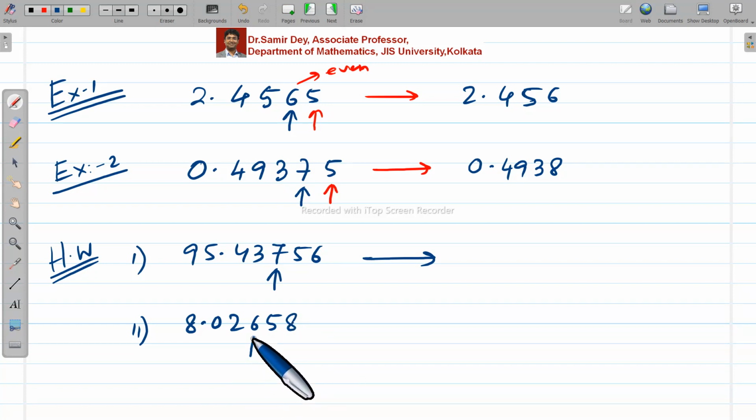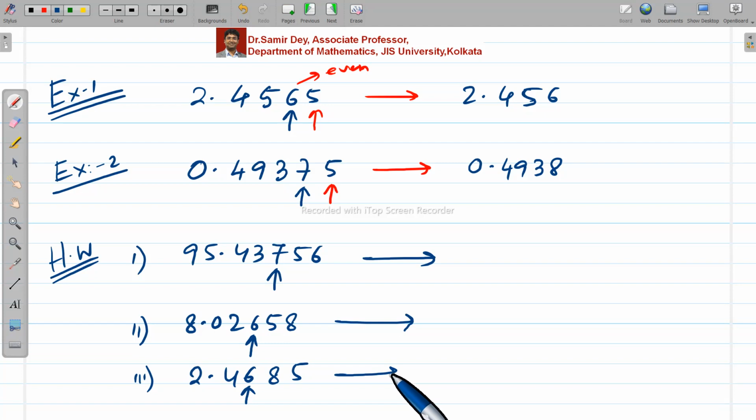You need to round off up to this level. And third one, 2.4685, you need to round off up to this. So now I'm giving you 3 homework problems. First you have to solve it, and then you have to check your answer with our answer.